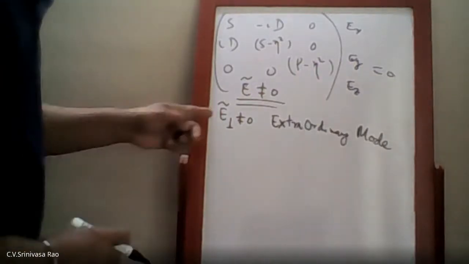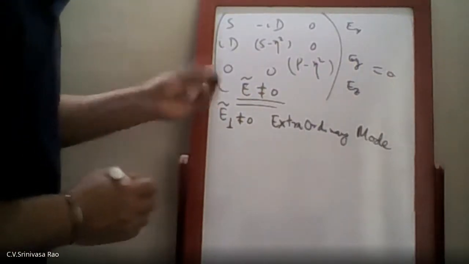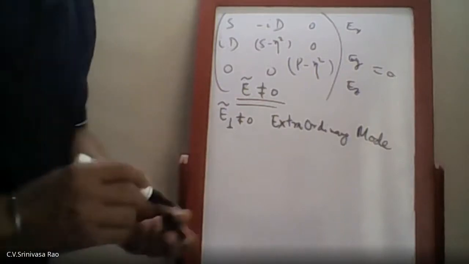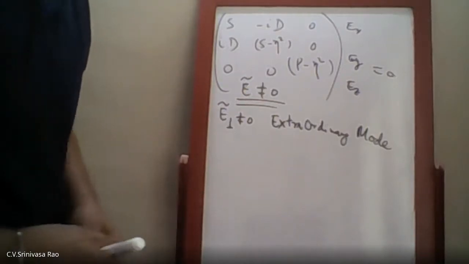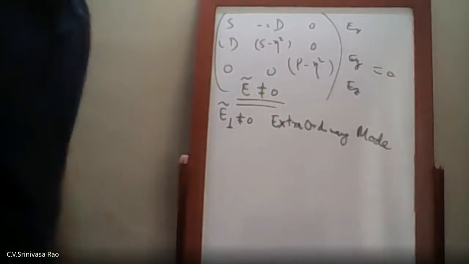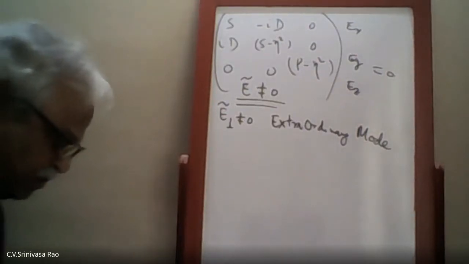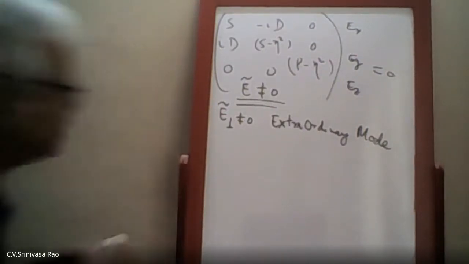Because now U tilde is basically perpendicular to the magnetic field, there is an influence of the magnetic field, and it depends on the magnetic field. So it's called an extraordinary mode. So the dispersion relation you can write down.